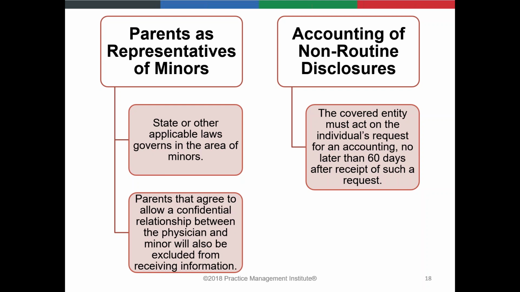For example, if a minor, let's say a teenager, has self-emancipated, then even though they are underage, you cannot disclose to the parents if the minor prohibits it. Also, there are other healthcare specialties in which minor children may restrict or prohibit a parent from receiving PHI.